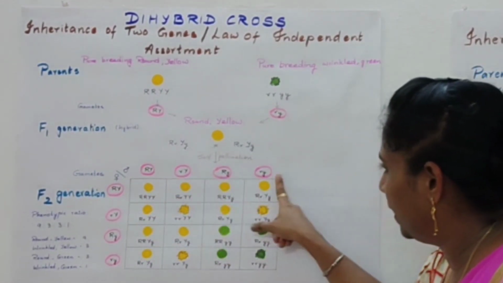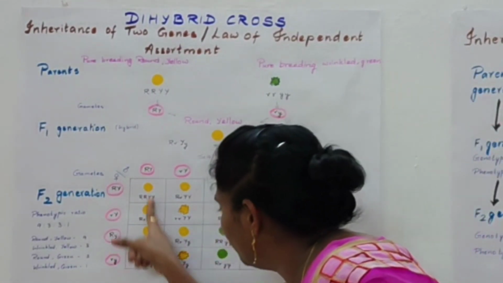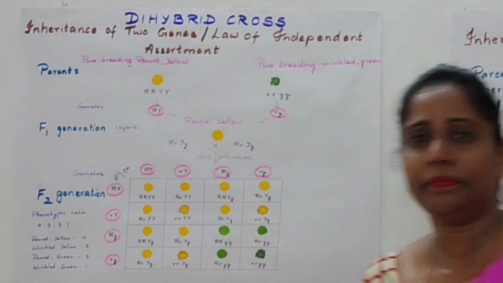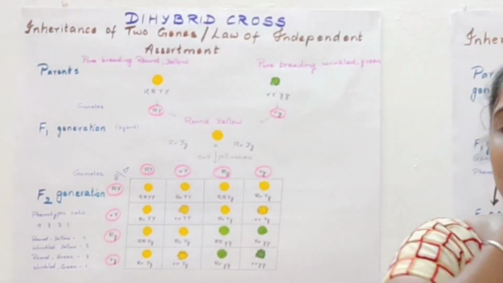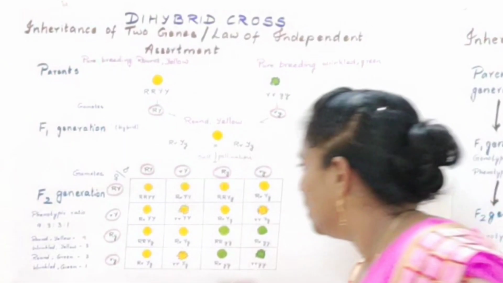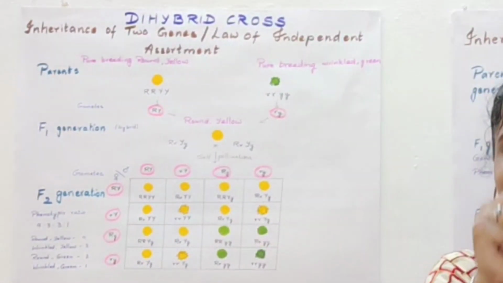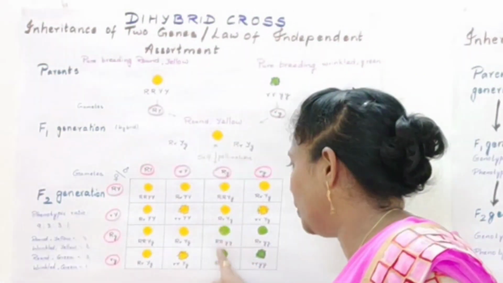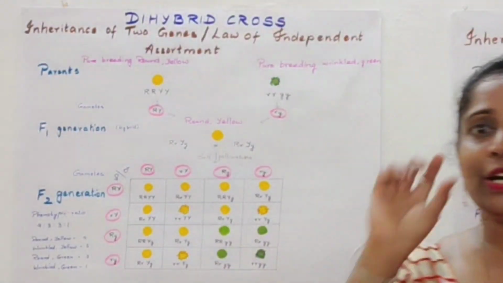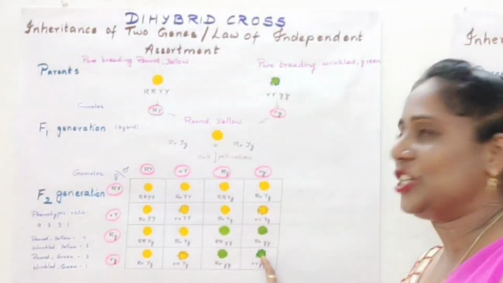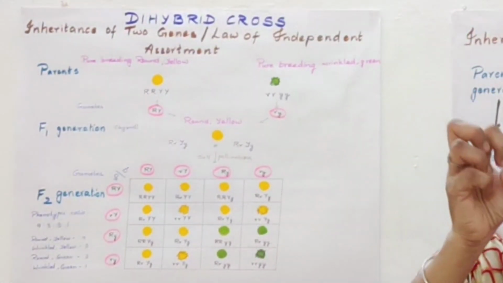So you can find 9 of them showing round yellow seeds and 3 of them showing yellow but wrinkled seeds. 3 of them showing green but round seeds. 1 showing your green wrinkled seeds.